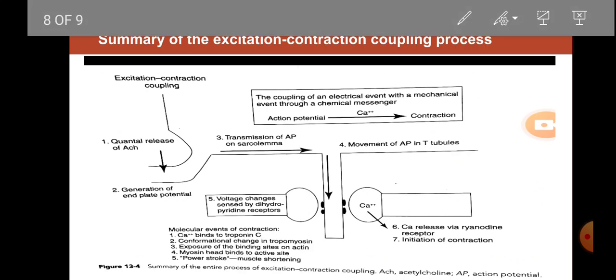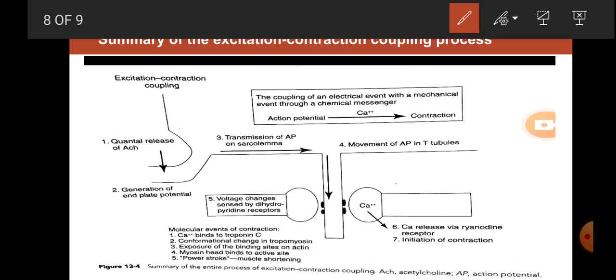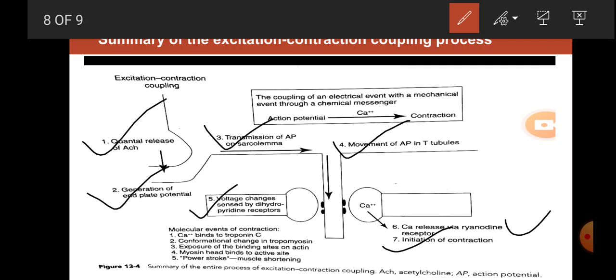This is the quantal release of acetylcholine, generation of the end plate potential, transmission of the action potential on the sarcolemma, the movement of the action potential in the T-tubule system, then voltage change sensed by dihydropyridine receptors, then release of calcium via ryanodine receptors, which initiates the contraction of myofibrils.